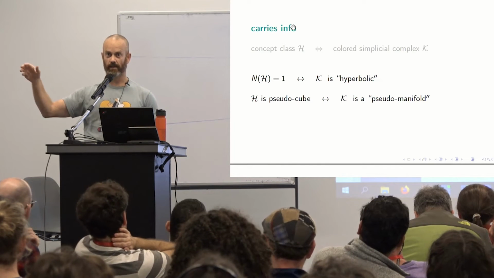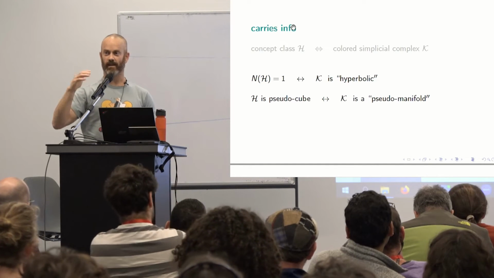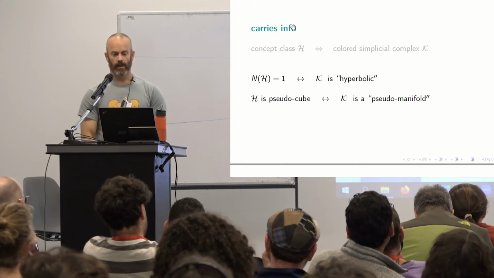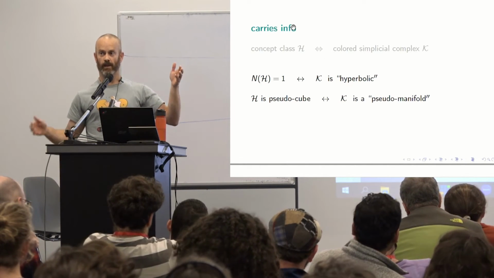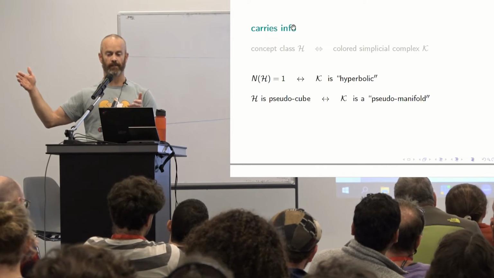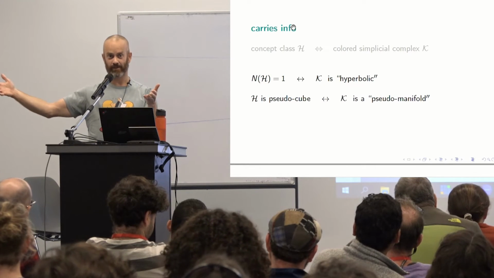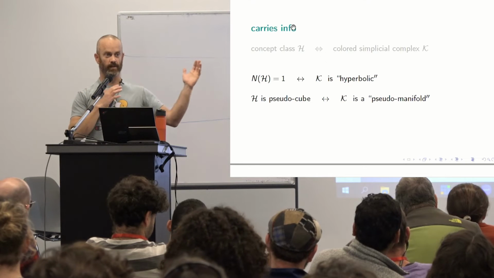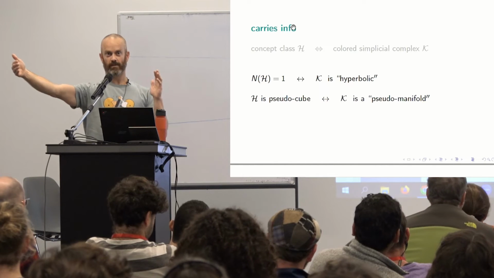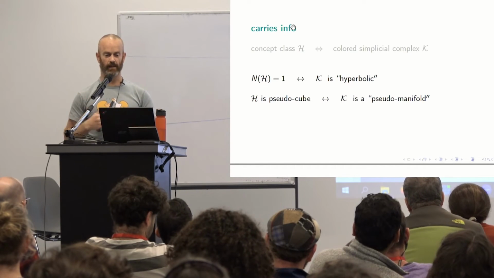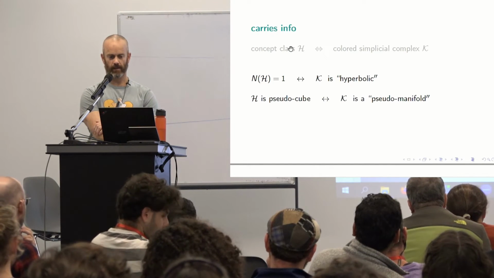Somebody defined this notion without seeing the Natarajan dimension. Another thing that happens, the pseudo-cube property translates to something related to being a pseudo-manifold, which is again something that somebody cares about in a different context. So this translation of information goes to an area that was studied before in a concrete way. This is a very nice thing here.